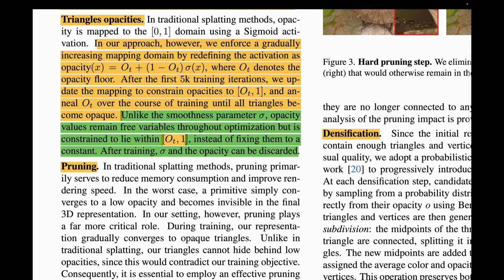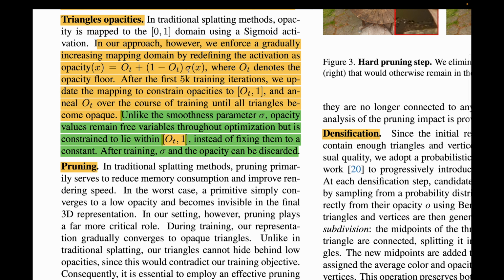As for how they do that, here you have the opacity of a triangle. You can see that you have this parameter, big O of t, let's call that alpha, maybe it's easier. You have something we see very commonly in machine learning or in graphics: alpha plus 1 minus alpha times the opacity. So basically at the beginning, big O of t is equal to 0.